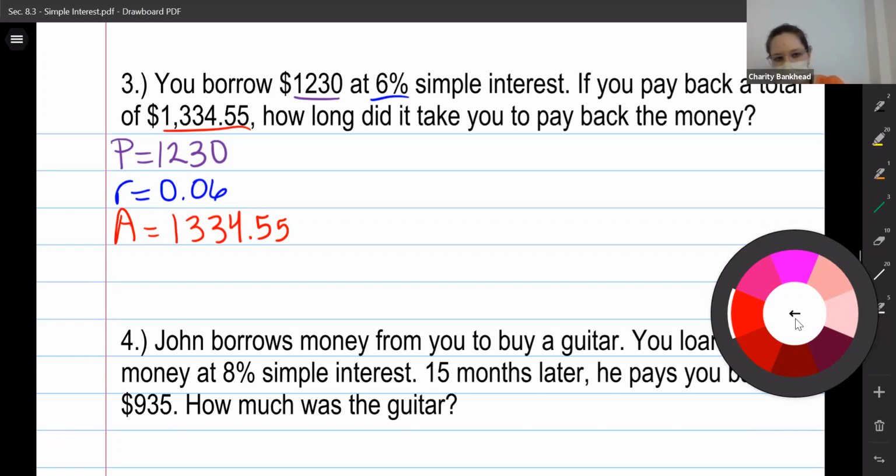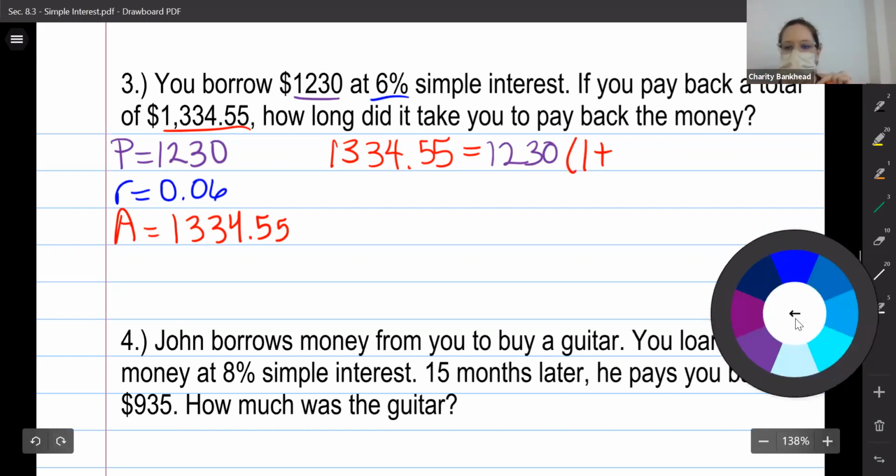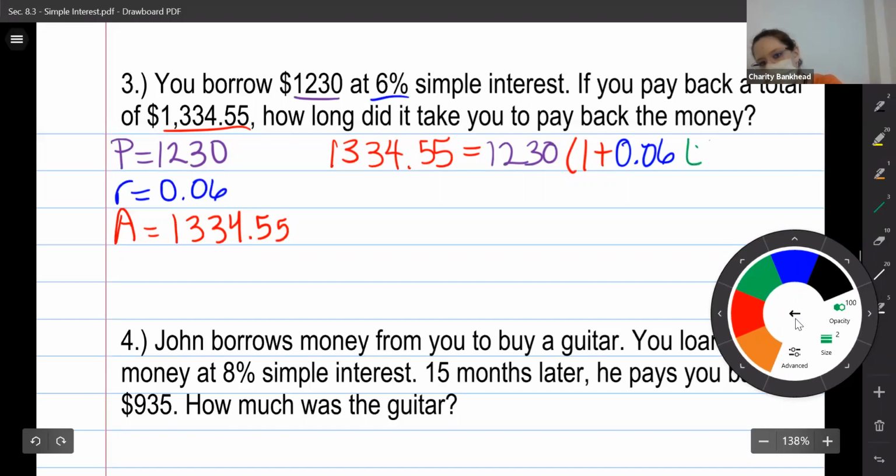All right, so let's use the formula with A. So 1334.55 equals 1230 times 1 plus 0.06 T. All right, and then I'll distribute 1230.